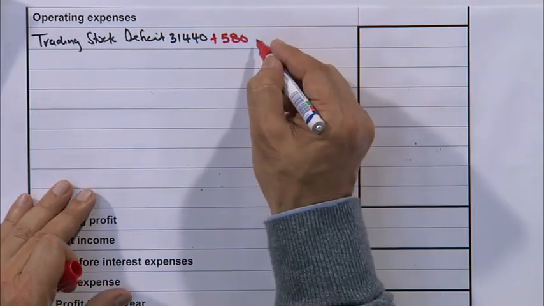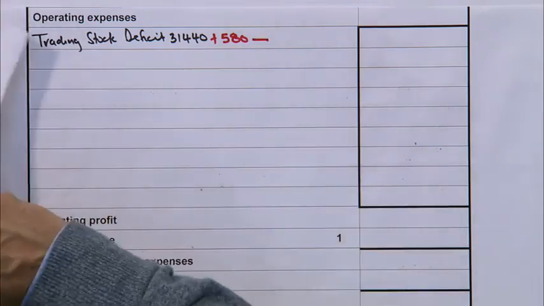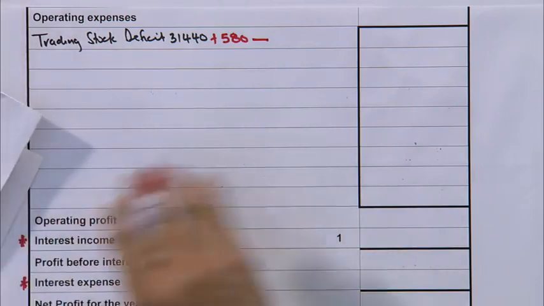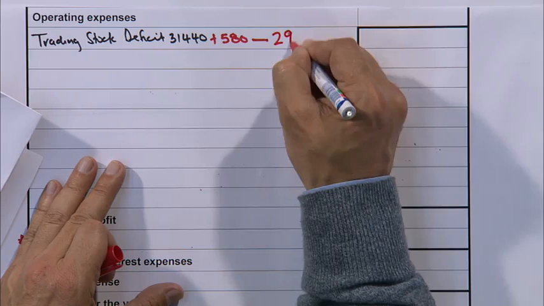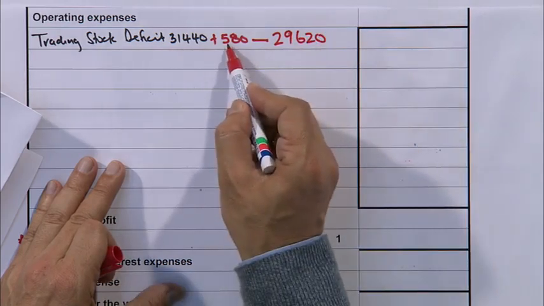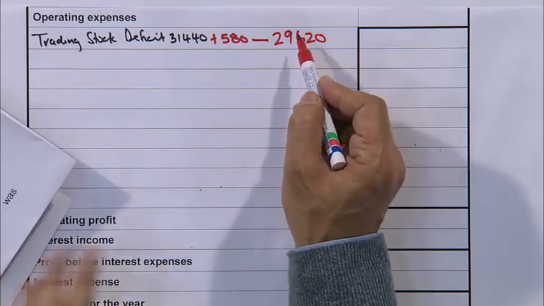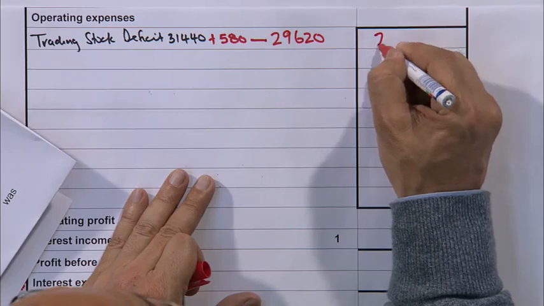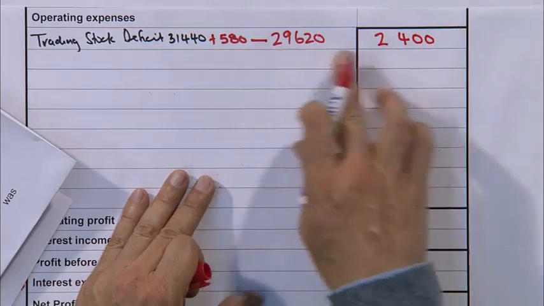And then we have to minus the amount that they give me in the adjustments, which is 29,620. So first I add that, then I minus the figure that they give me, then I will get a deficit of 2,400. So my deficit is 2,400.